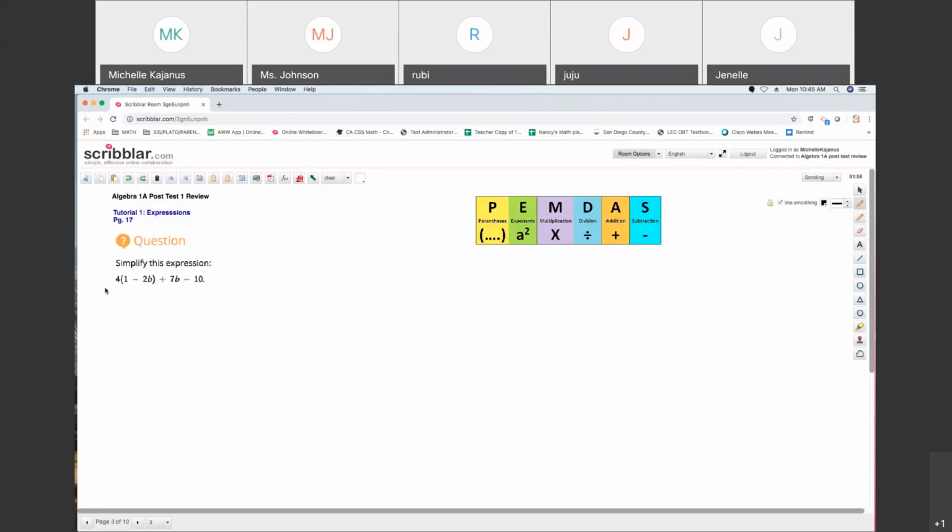We have 4 parentheses 1 minus 2b plus 7b minus 10. Okay, let's check our order of operations. Parentheses. Okay, we have a parentheses here. Minus 2b. I can't actually subtract these two quantities because one is a variable and the other one isn't.